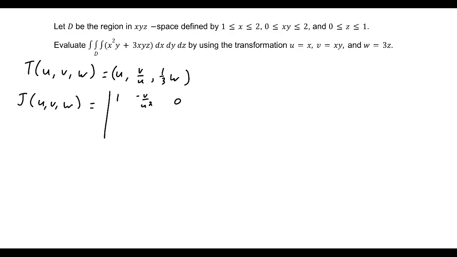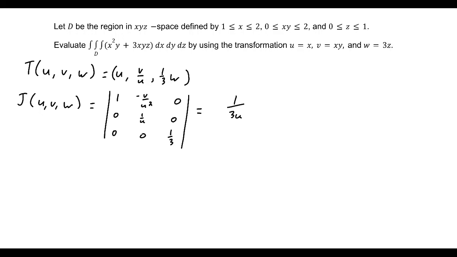Our second row, first entry of 0, second entry of 1 divided by u, and a third entry of 0. And our third row, a first entry of 0, a second entry of 0, and a third of 1/3. When we find the determinant of that matrix, using cofactor expansion, we get 1 over 3u.